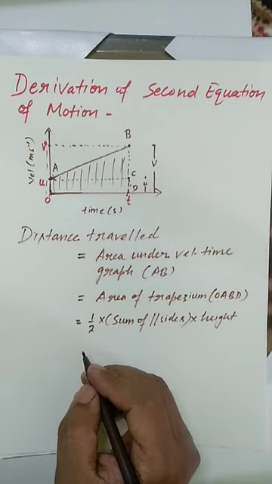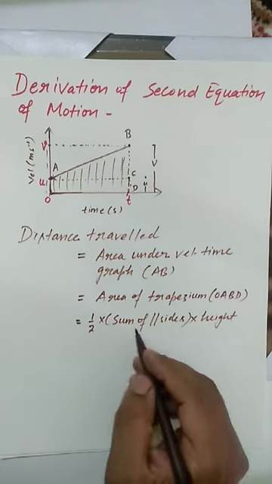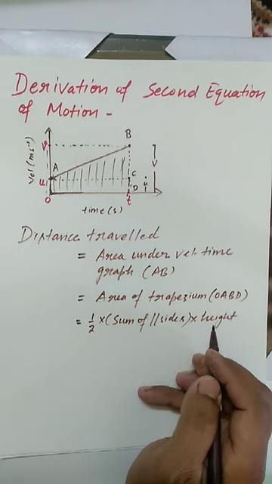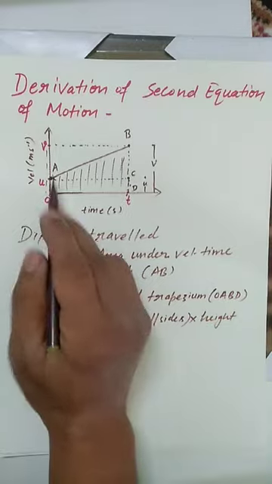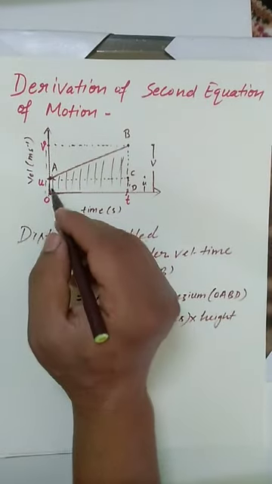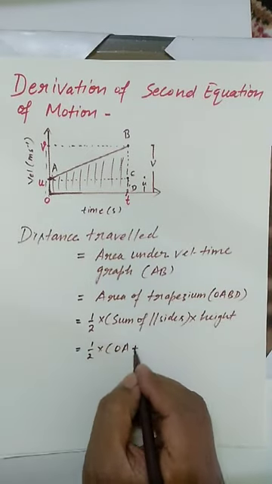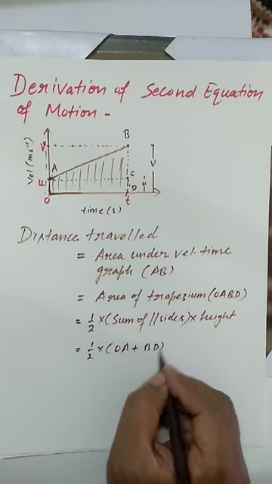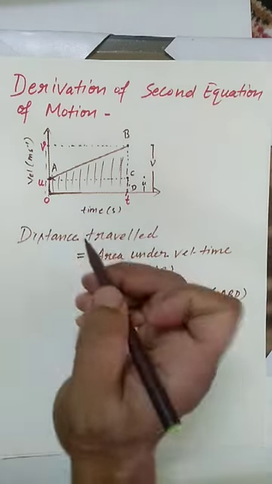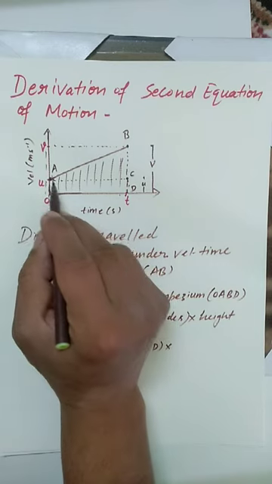As you know guys, the area of a trapezium is half into the sum of parallel sides multiplied by height. Height means we can say the distance between these parallel sides. So in this figure, the parallel sides are OA and DB. So sum of OA and DB into height, or the distance between these two parallel sides, which are OD or AC.